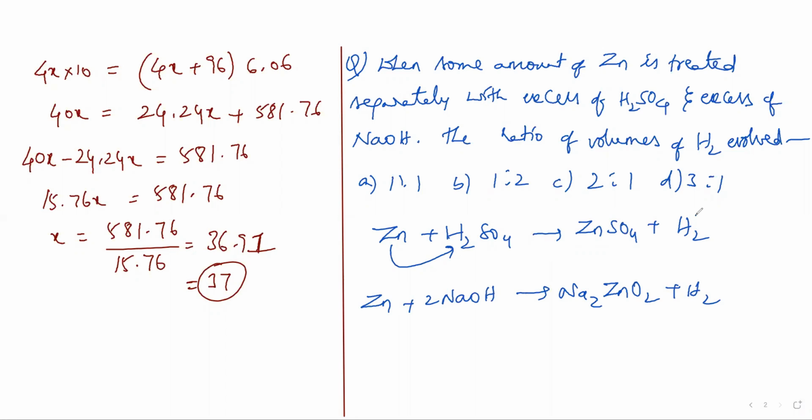In both the cases, what is the ratio? Here 1 mole, here also 1 mole. So the ratio is 1:1. In both the cases, it is 1 mole only, right? But to answer this question, you should be able to write the balanced equation for zinc with sulfuric acid and zinc with sodium hydroxide.